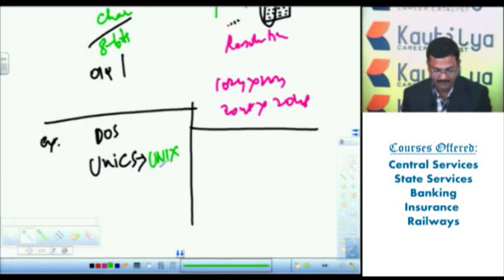Just as DOS stands for Disk Operating System, Unix is Uniplexed Information Computing System. The CS of the last two characters of UNICS is replaced by a single character X, so that is Unix.